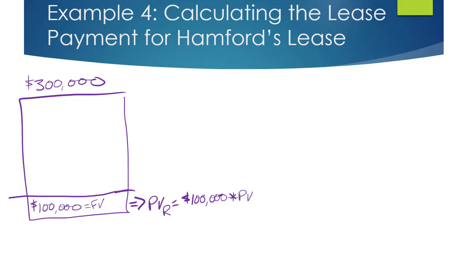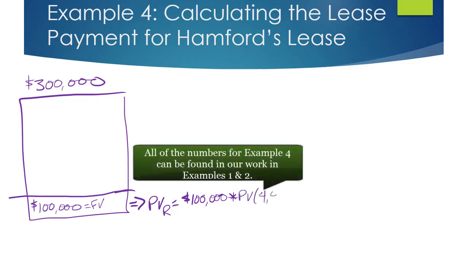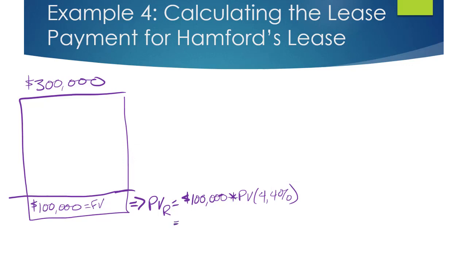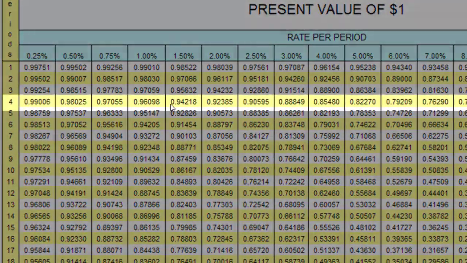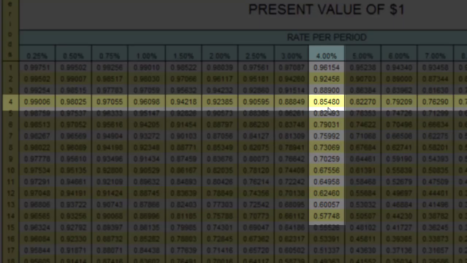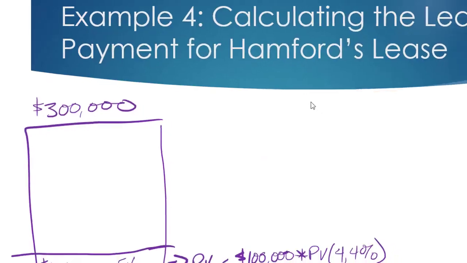times the present value factor for 4 years, and Cisco used 4%. So if I calculate that, I go and get this 4 years at 4%, which is 0.85480.